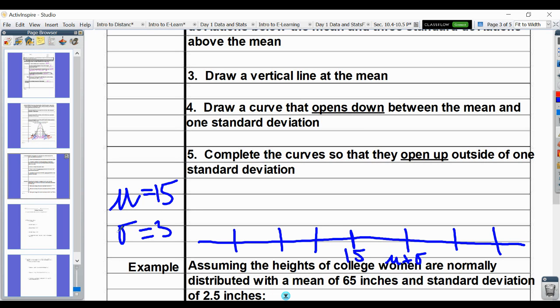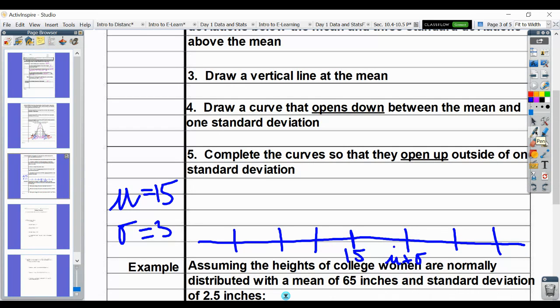So for that area where I wrote mu plus sigma, you can take your mean of 15 and then add 3 and get 18.